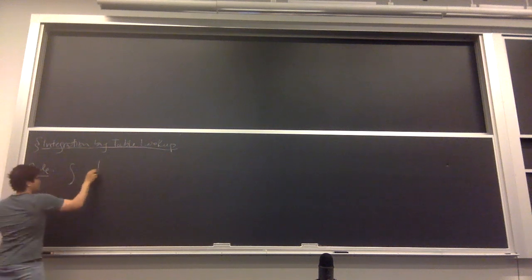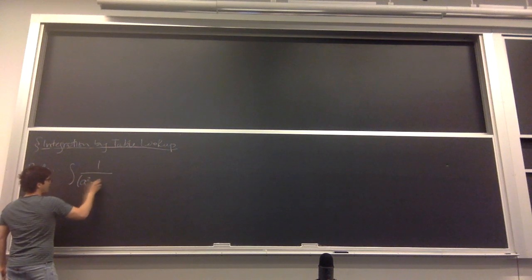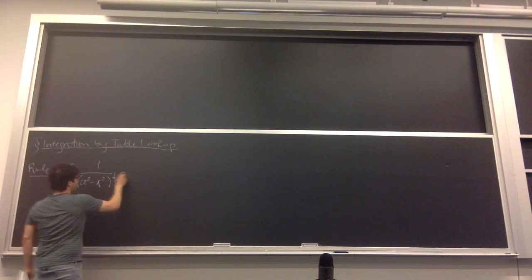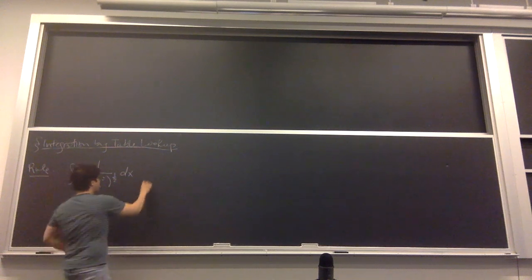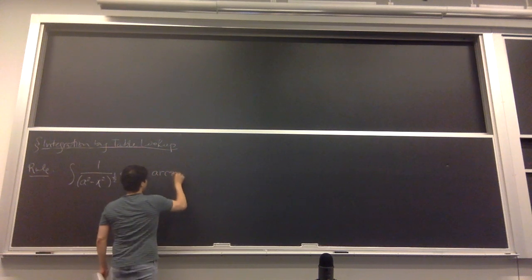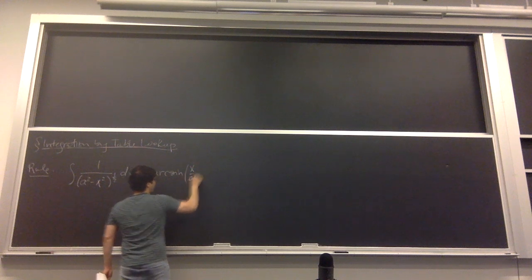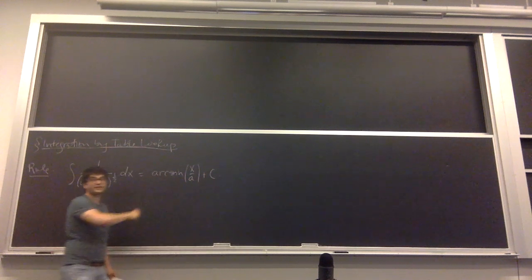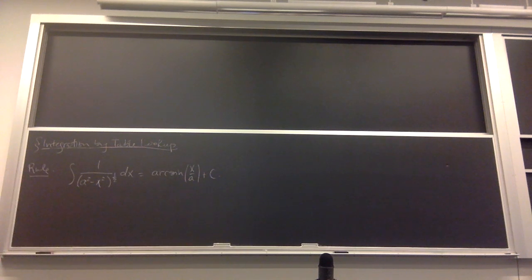There's a test question like this, where I say, given this rule, use it to solve this integral. Here's one rule: the integral of 1 over (a squared minus x squared) to the half dx is equal to arcsine of x over a, plus c. We're going to prove this next week, but for now let's just use it as a rule.